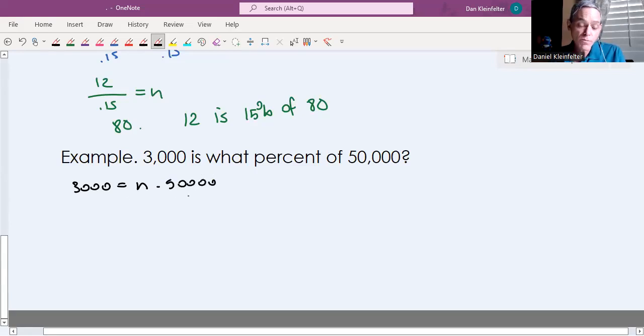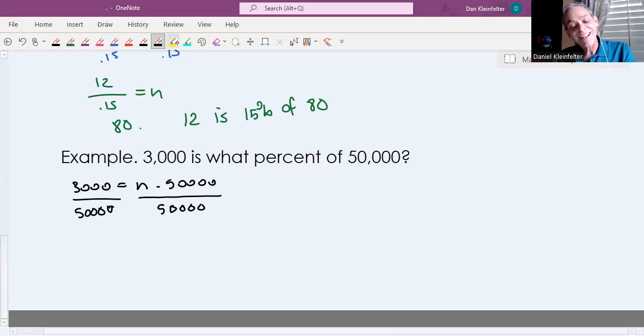So then to solve this, we're going to isolate our n by dividing both sides by 50,000. Okay, it's not too many zeros. And then we want to divide the numerator and denominator by 1,000. That will eliminate 3 zeros for us. So our n is 3 over 50.